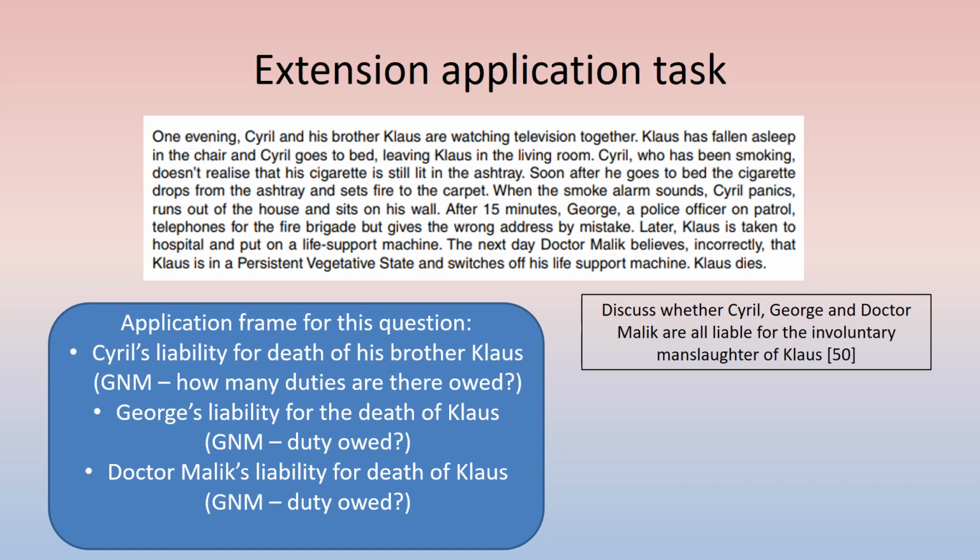Interestingly, I've reviewed the mark scheme. This is a June 2016 question, and the application is all about gross negligence manslaughter, but the students were required to identify that. They weren't told, as you see from the question at that time. So have a go at that, and you're welcome to send it to me for marking.